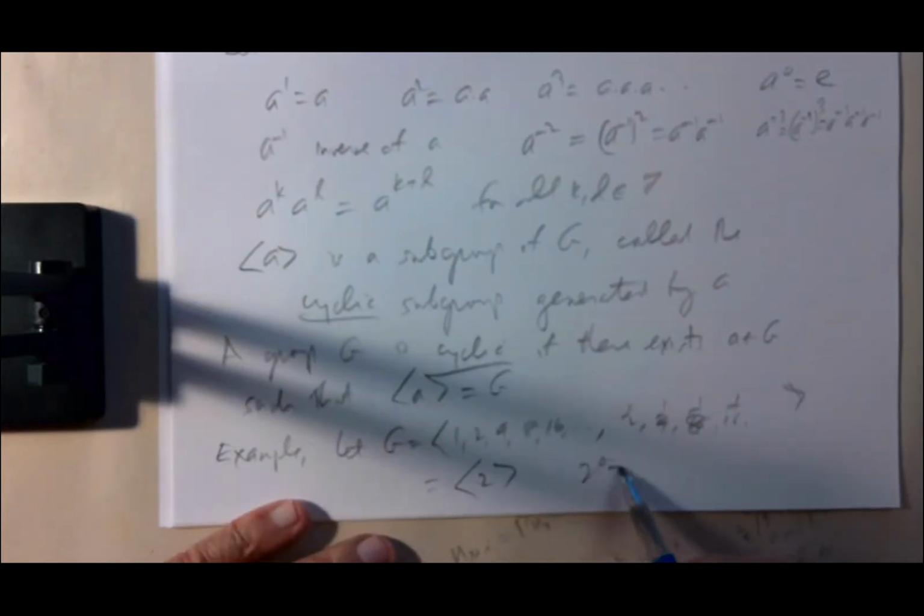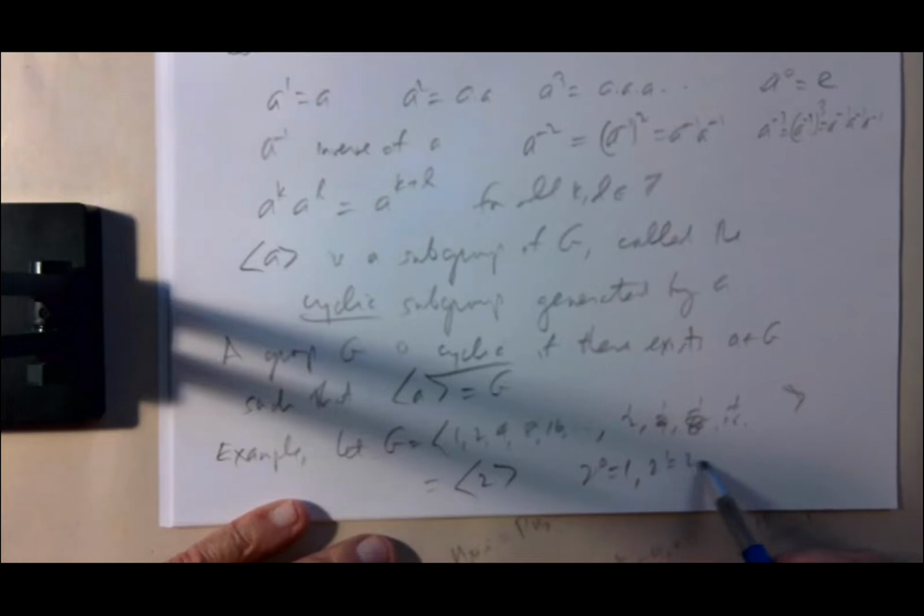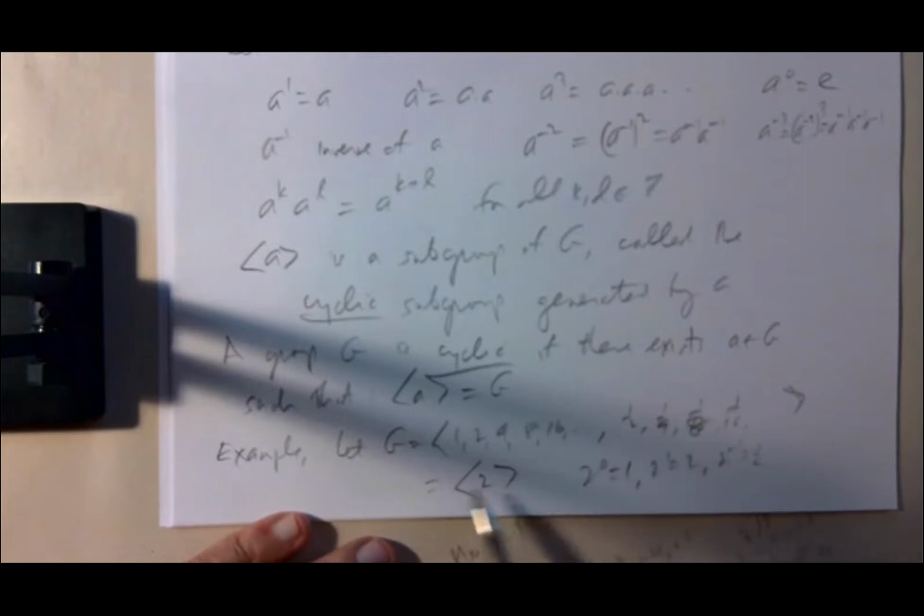Because 2 to the 0 is 1, 2 to the 1 is 2, 2 to the minus 1 is a half, and so forth. This is all the positive, negative and zero powers of 2. So this is a multiplicative group, and it's cyclic, and 2 is a generator.